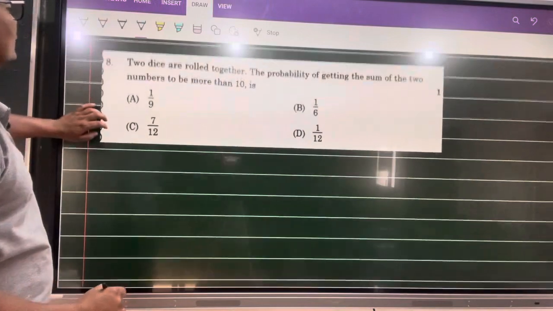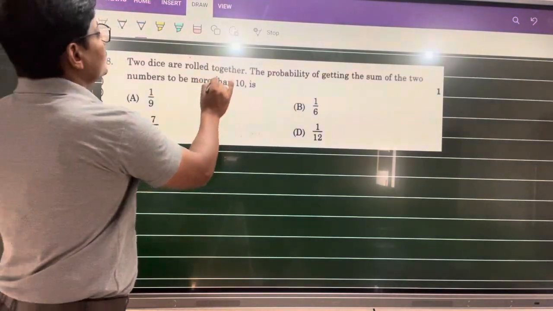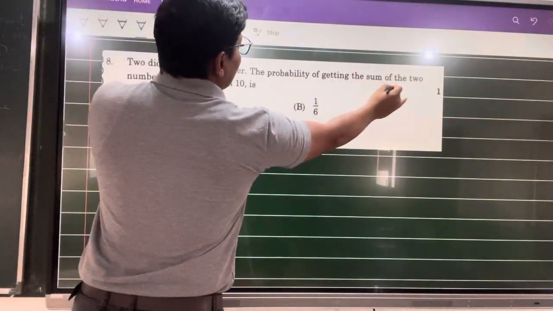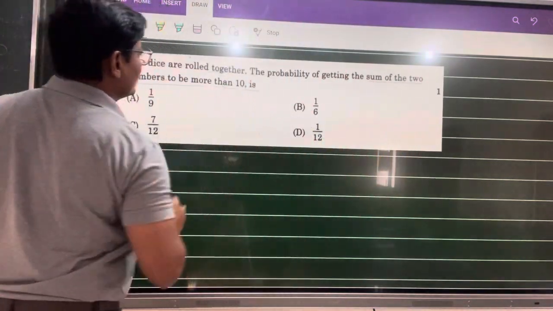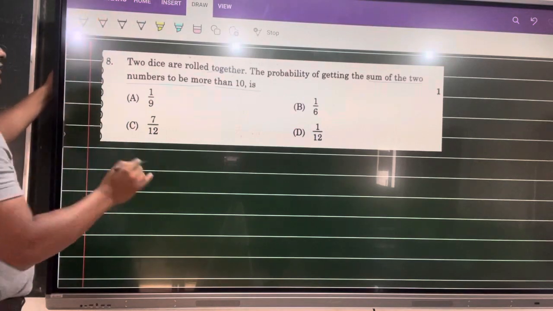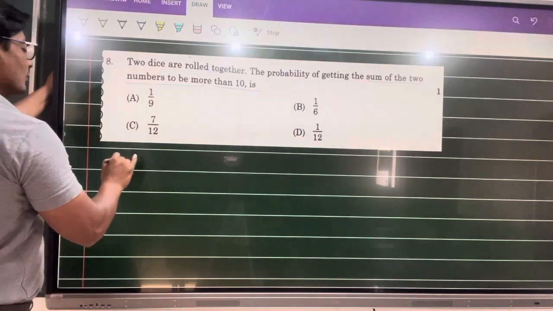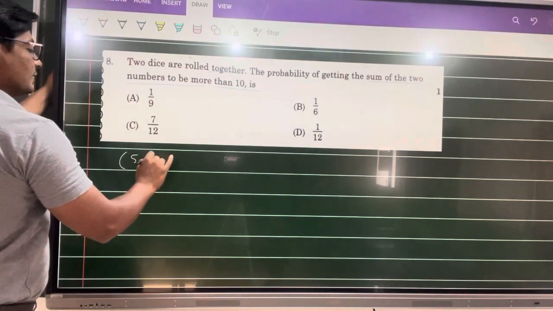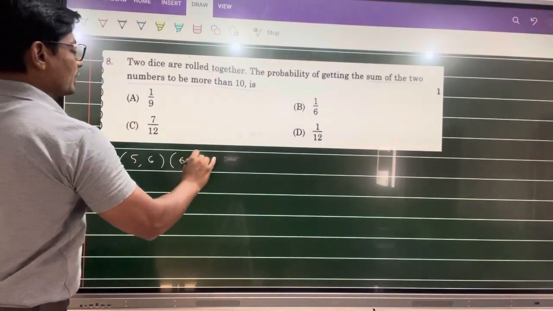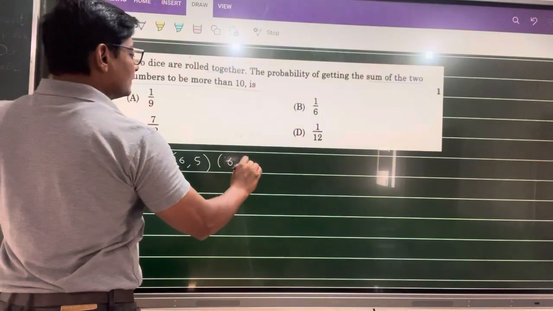Then coming to the eighth question: two dice are rolled together. The probability of getting the sum of the two numbers to be more than 10. Here the sum of the two numbers must be more than 10. So we can have the combinations: one number should be 5 and another 6, then 6 and 5, and another possibility is both dice showing 6, 6.